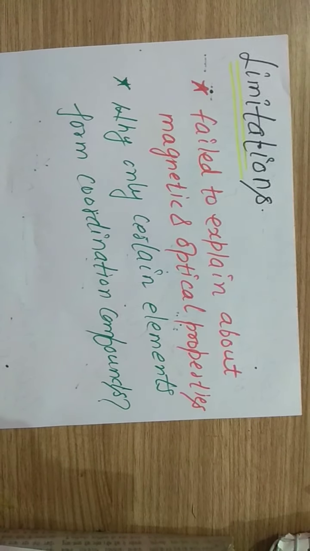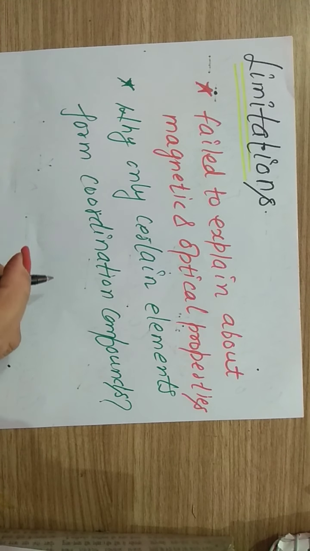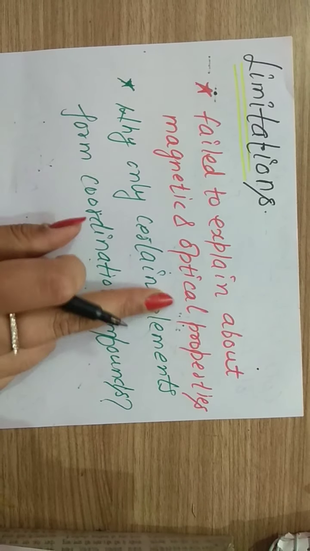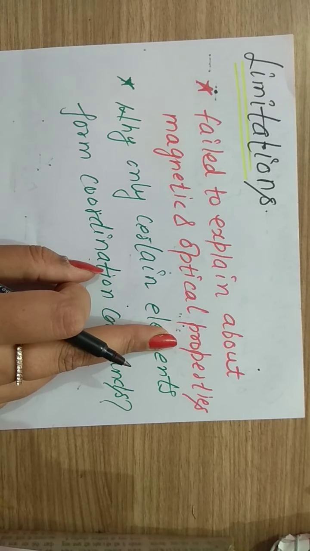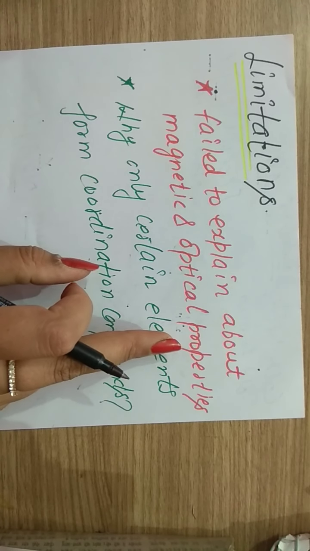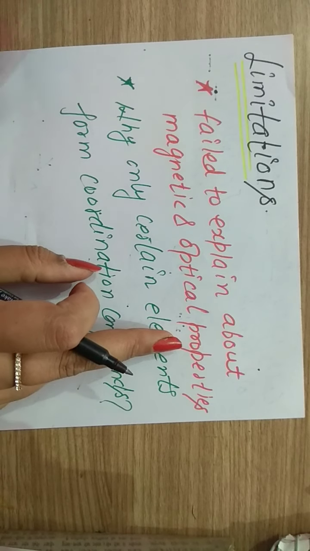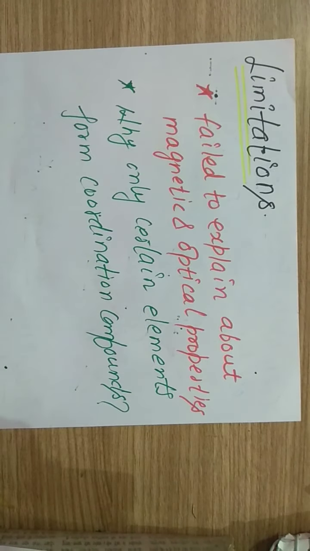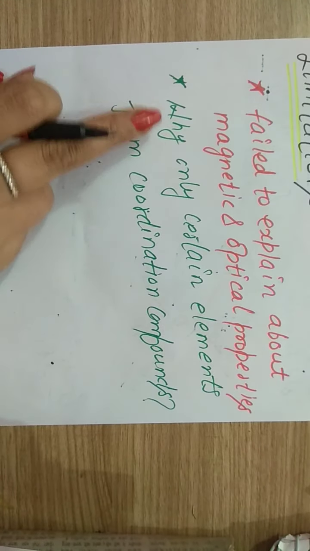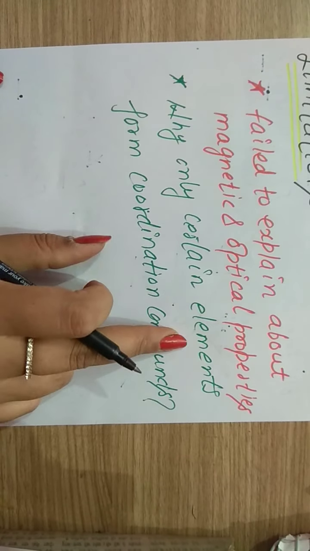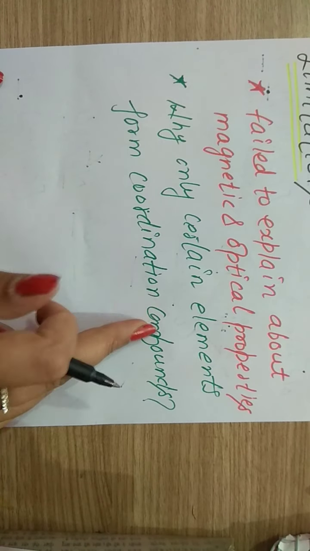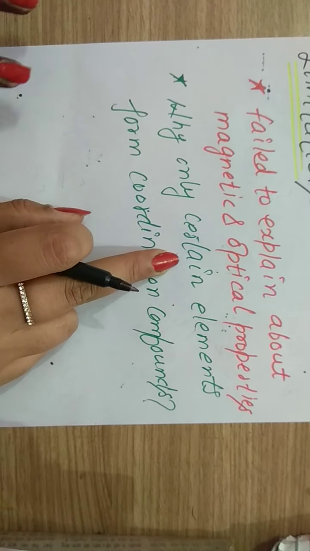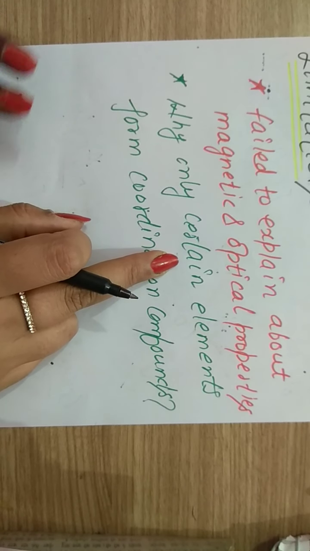But when it comes to limitations, what he could not explain. The first one, he could not explain magnetic and optical properties. In these examples, we get no idea about how they behave magnetically or optically. So it is its limitation. Second, he also could not explain why only certain elements form coordination compounds, why we are only taking d-block elements and not using other block elements.